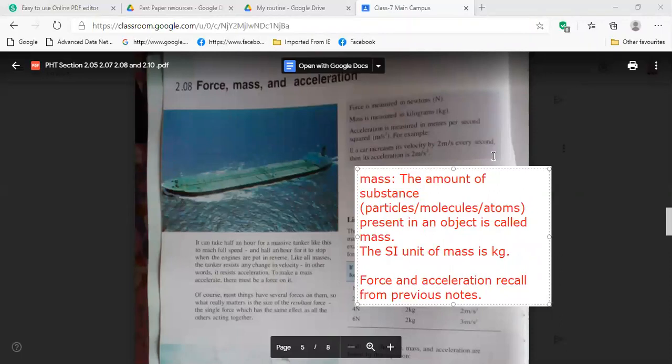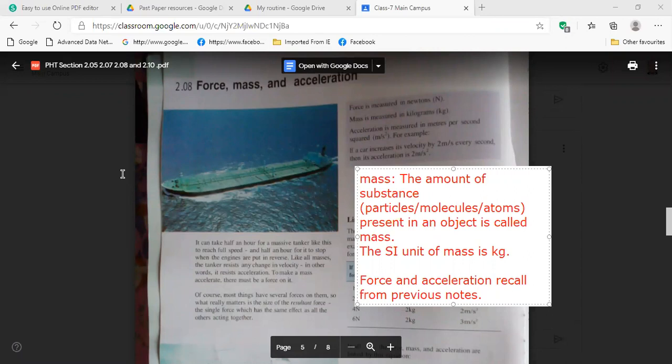If you are not understanding, you should tell me that, yes, this part I did not understand. So if you are applying force, the object is accelerating. The direction where you are applying the force, if you are pushing the object, then your acceleration will be forward.